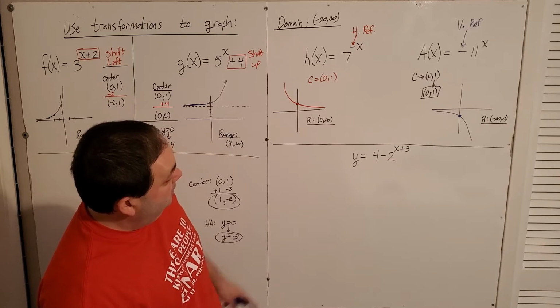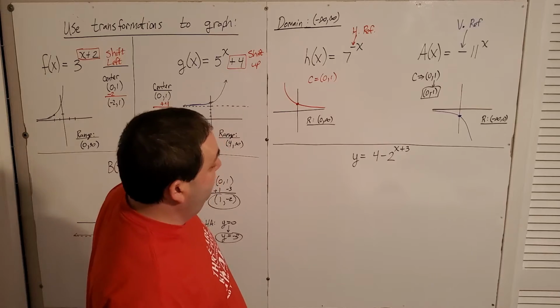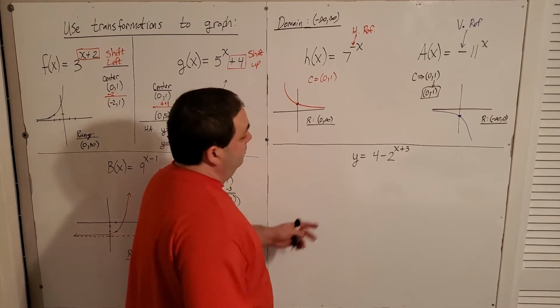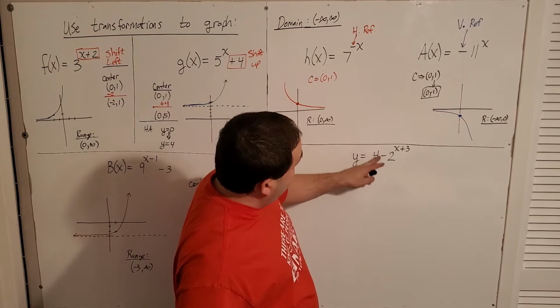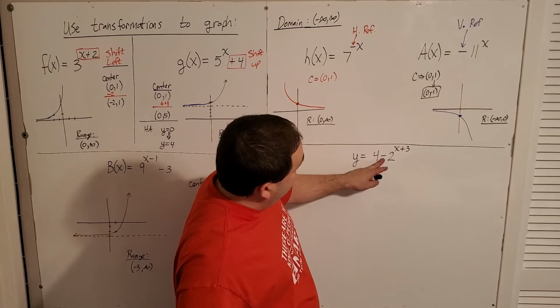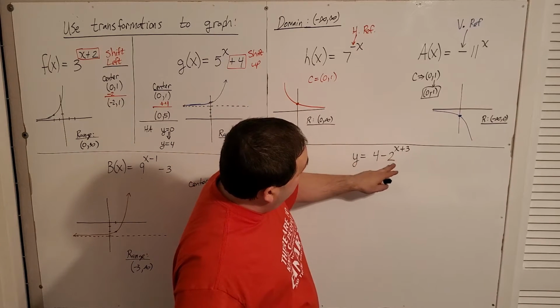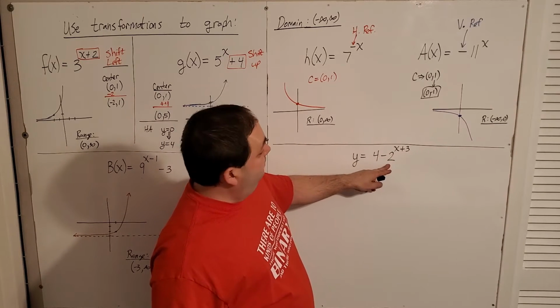Okay. So let's do one that's a mixture of several of these things, right? Let's piece this thing apart right here. I have a 4, but that's not part of the original function, right? There's no x's in there. Then there's a negative. That's going to be a reflection of something, right? 2 to the x plus 3. Well, look, there's 2 to the x, right? That's an exponential function.